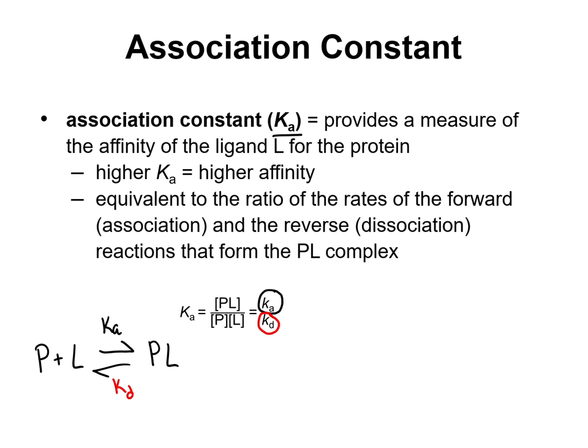Mind your capitalization here. It's very important. The higher your capital K A is, the higher the affinity that the protein has for the ligand. If you have a ratio of Ka over Kd, that can tell you quantitatively whether or not the complex being formed is favored, or if it's more favorable for the protein and ligand to be separate.